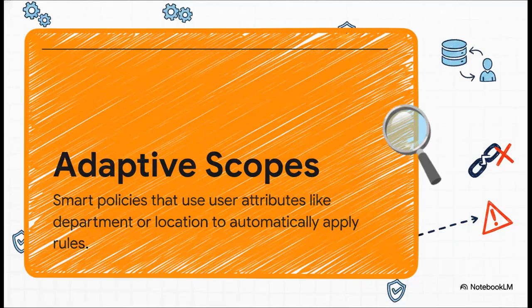The key concept you've got to understand here is something called adaptive scopes. Now, the easiest way to think about these is like smart filters. So instead of you having to manually apply a policy to every single person in the finance department, you just create one smart rule. A rule that says, hey, apply this data retention policy to everyone whose department attribute says finance. It's brilliant, it's super efficient, and it is 100% dependent on having accurate user data.